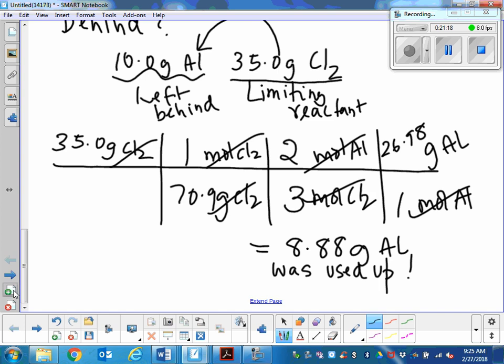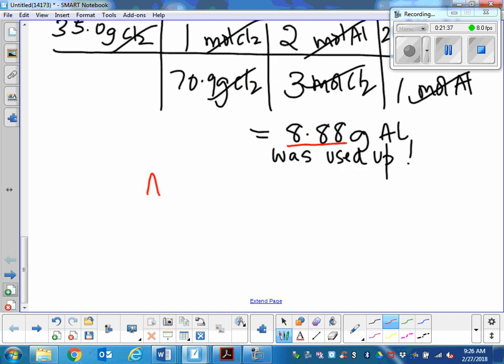What is the question asking you to solve for? How much is left behind? So what was your starting amount of aluminum? It was 10 grams. What is the amount that is used up? 8.88. So what is the amount left? Amount left equals 10.0 minus 8.88.